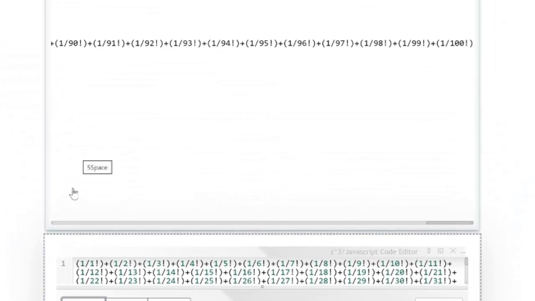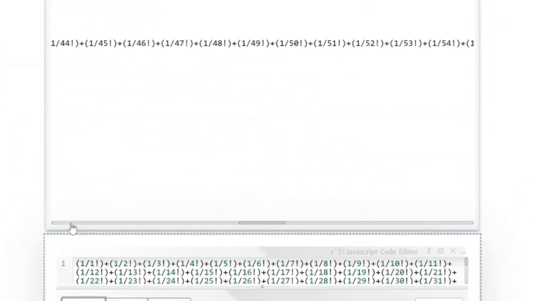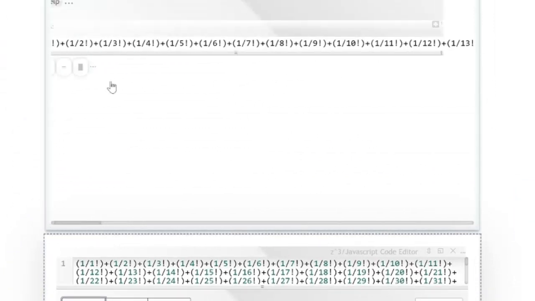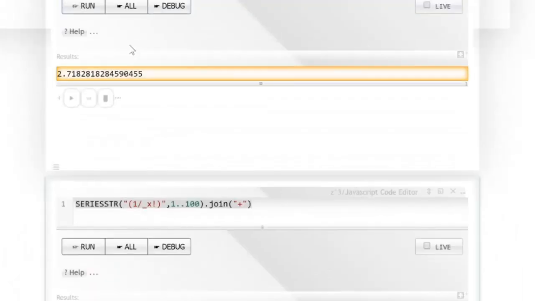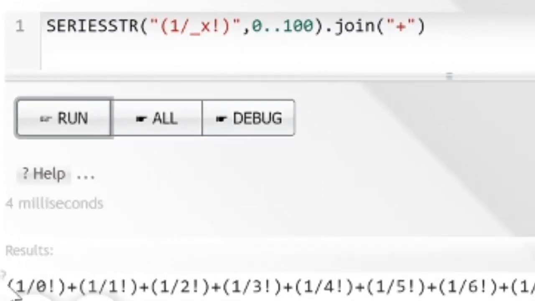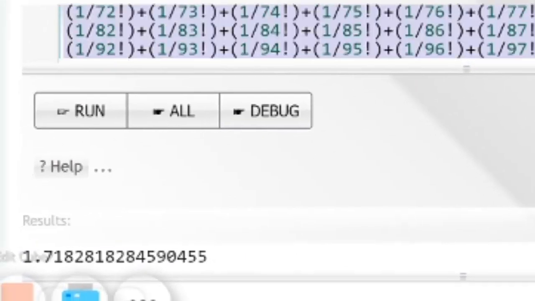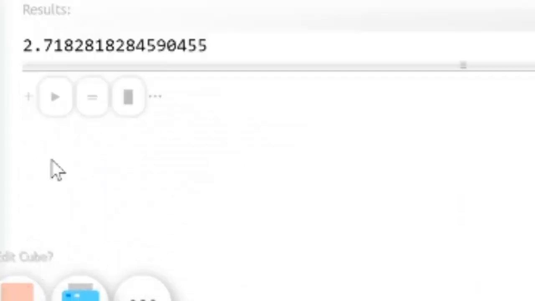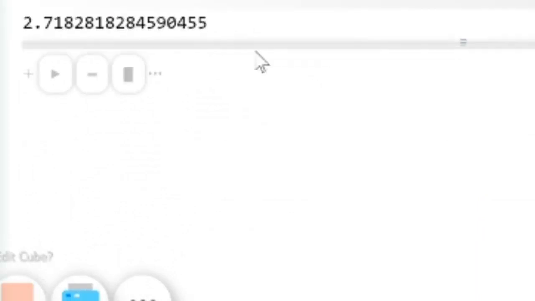Now I made a mistake in that I started with 1 here. I should have started with 0. So if I start this with 0, 0 dot dot 100, this will add up to 2.718281828 and so forth, which is very close to the value of e.